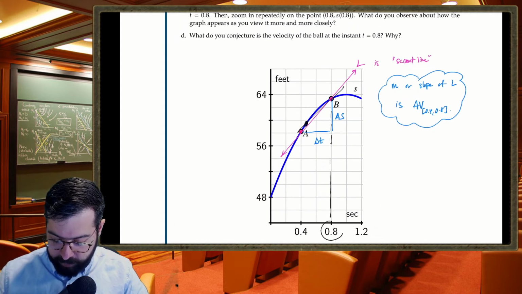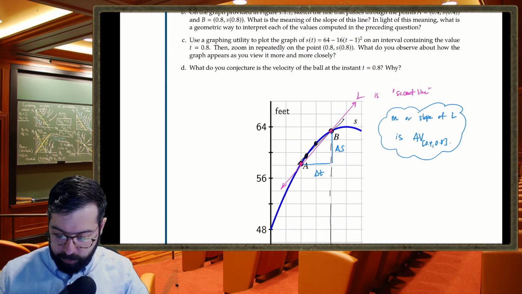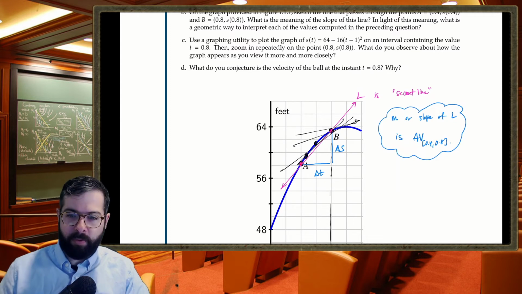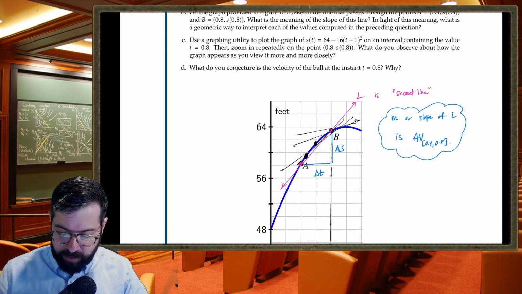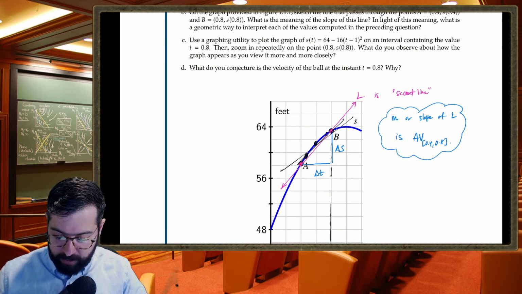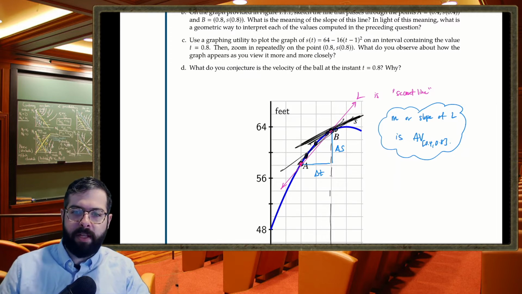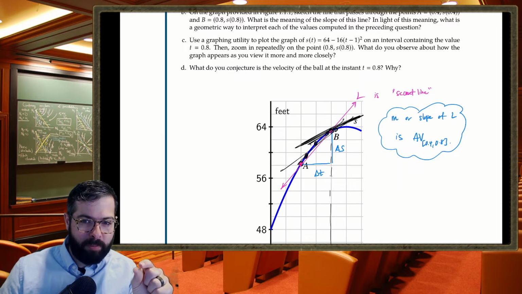They were kind of all centered around point 8, and then we were scooching those points closer and closer, and then same from the right-hand side. So what was actually happening is you're getting closer and closer to a line, the slope of the line passing right around that point B.